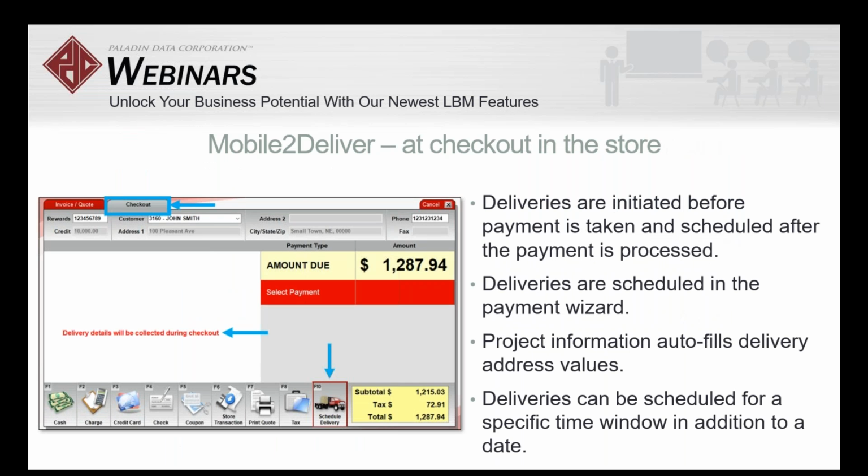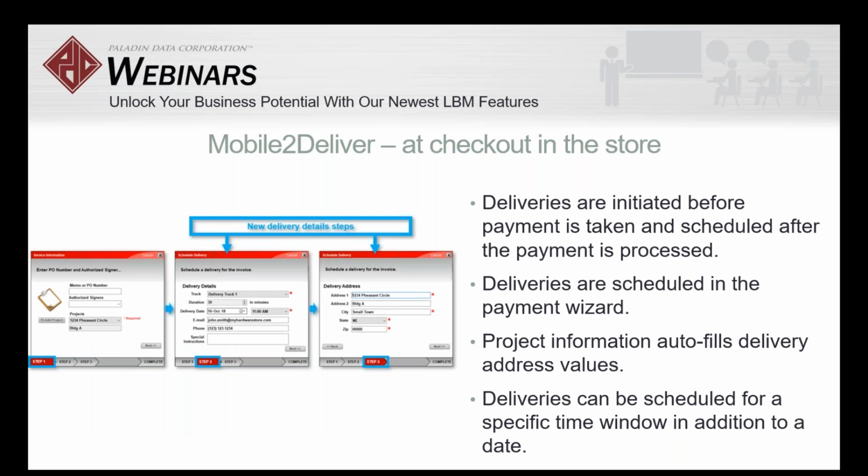Now mobile to deliver is part of that delivery scheduler. So when you're in the store, at the end of the invoice, you click on scheduled delivery. You'll see F10 is the key for this. Once you do that, then it's going to prompt you with more information, right? Scheduled delivery. Give me the truck, the duration, the email, everything else.